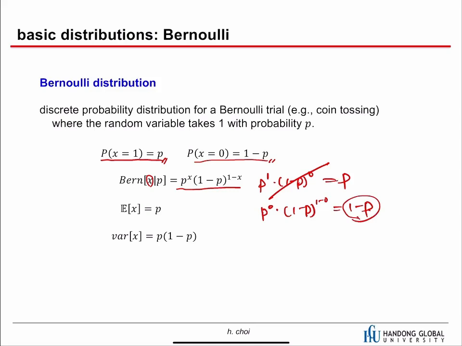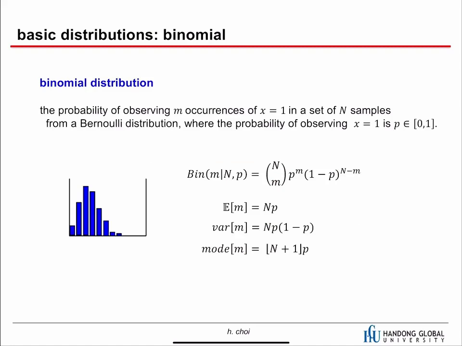So if it is a tail, then we get this one. If it is head, then we get this one. And the expectation is P and the variance is like this. And the binomial distribution is the probability of observing m occurrences of X equal to 1.